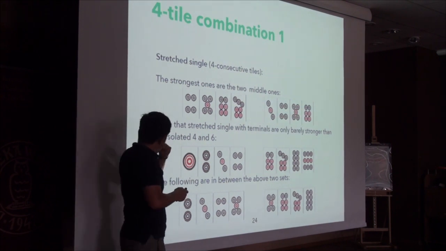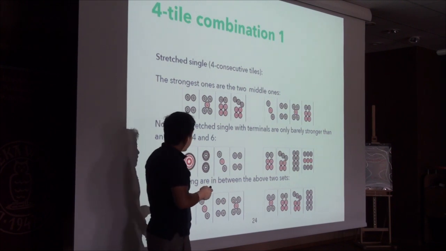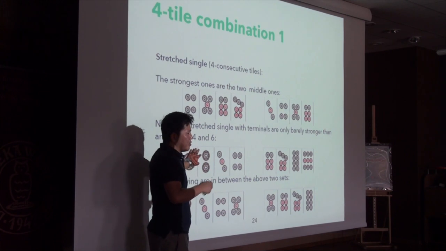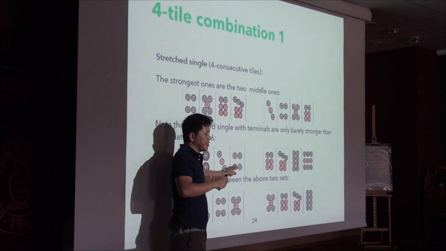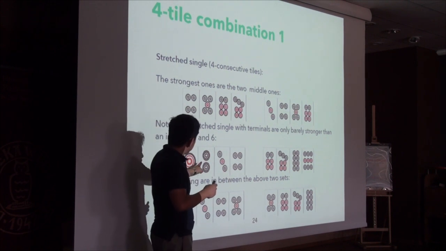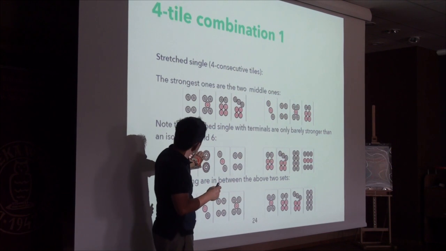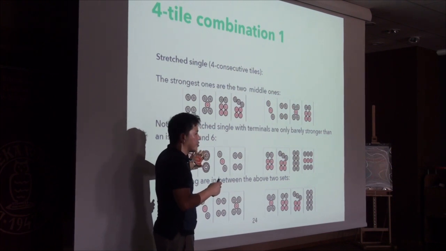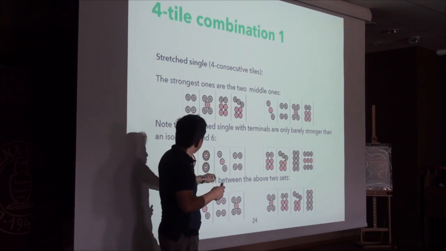Keep in mind that the stretch single with terminals are not as useful. For example, 1, 2, 3, 4 is only barely better than an isolated 4. The reason is that if you draw, well, you can't draw this, right? When you draw 2, it only creates edge weight or closed weight, right? 1, 2, or 2, 4.